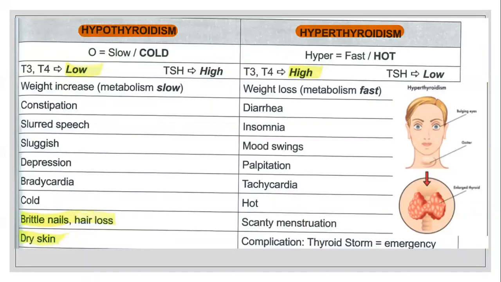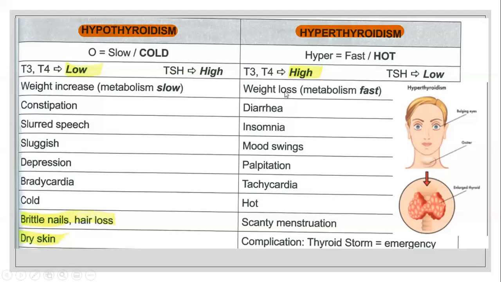In this table, we can compare and contrast the signs and symptoms of hypo and hyperthyroidism. In hyperthyroidism, we can say everything is hyper, meaning fast, and the patient feels hot. T3 and T4 are high, but TSH is low because of the body's compensatory mechanism.